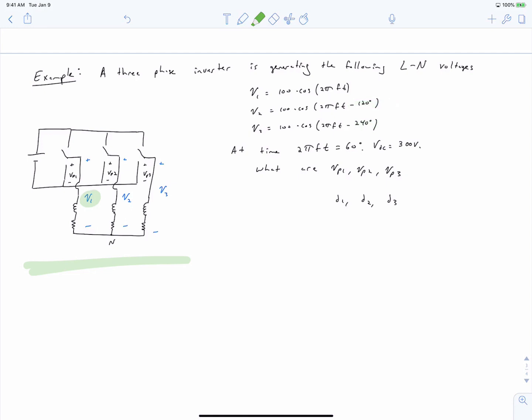At time 2 pi ft equals 60 degrees, so at a value of t so that this expression evaluates to 60 degrees, what are VP1, VP2, VP3, and our 3 duty ratios if we have a DC bus of 300 volts? So press pause and press play when you're ready to resume.